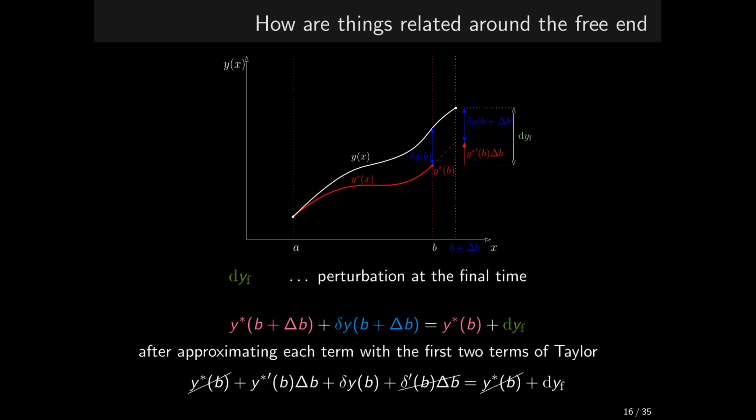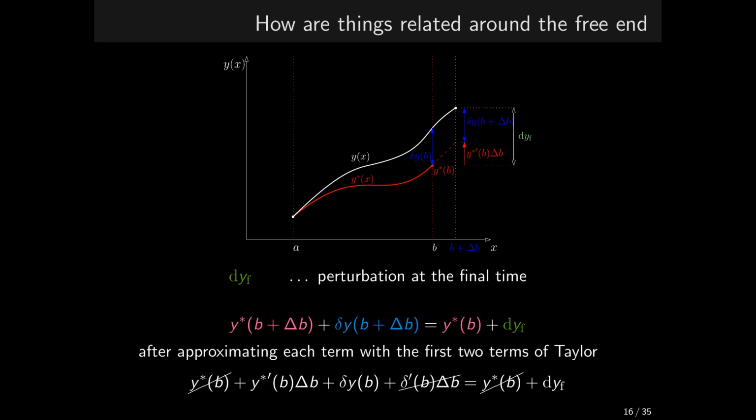We can approximate the terms on the left with the first two terms of their Taylor's expansion. Then the value of y star at b appears on both sides, so we cancel it. We can also cancel the middle term delta y star prime times delta b because each term in this product is actually first order in alpha.